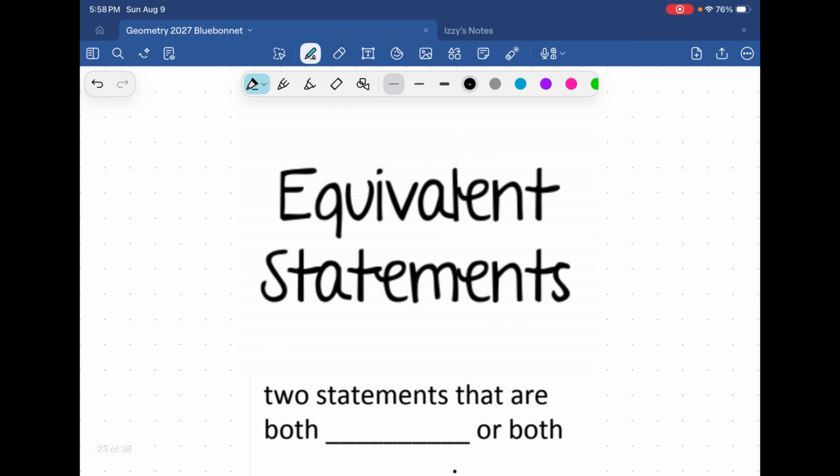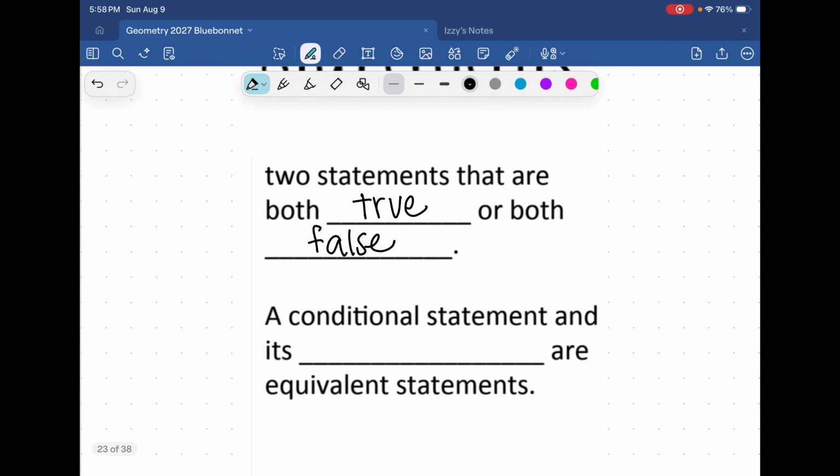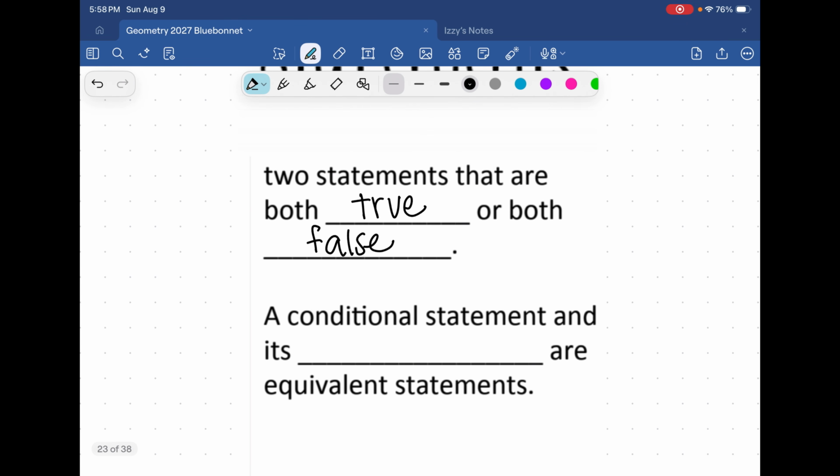We also have what are called equivalent statements. These are two statements that are both true or are both false. A conditional statement and its contrapositive are what we call equivalent statements.